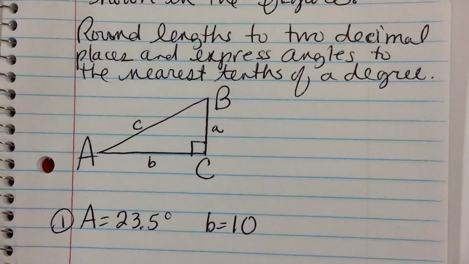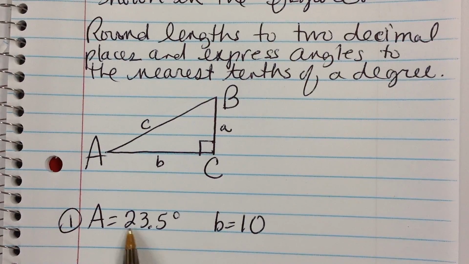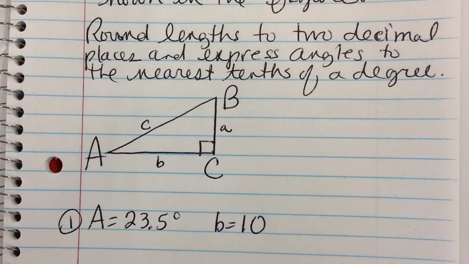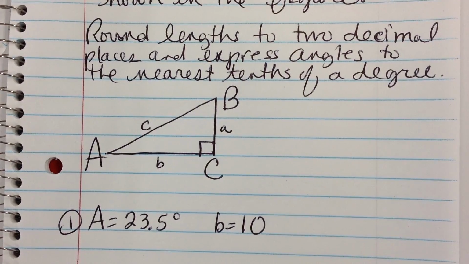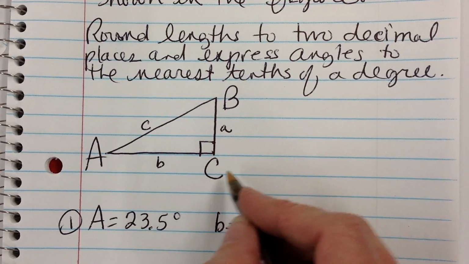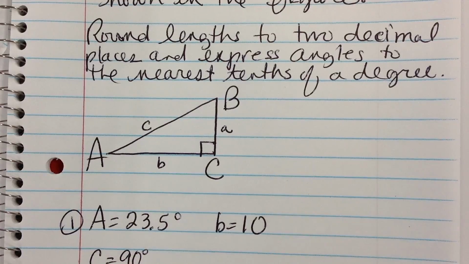We have been given in this problem that angle A is 23.5 and side b is 10. Now we're to find all of the missing parts of this triangle. We already know that angle C is 90 degrees. We also know that all 3 angles of a triangle add up to 180.